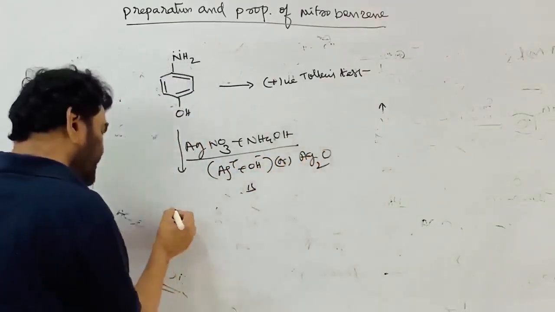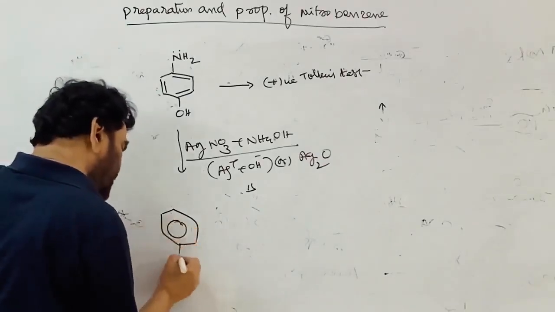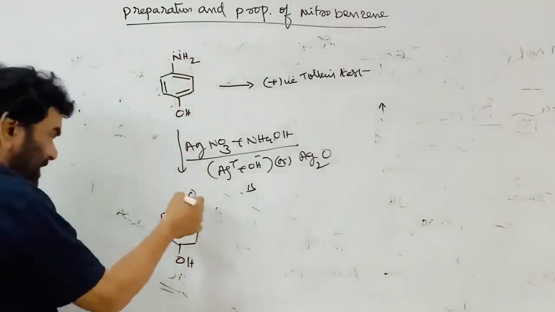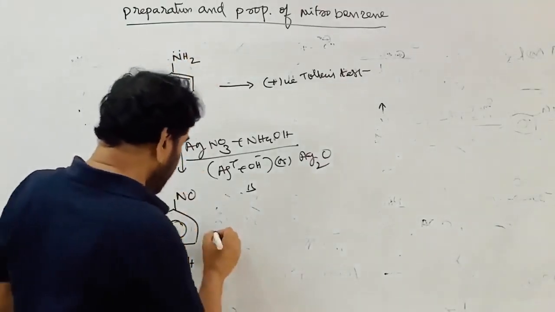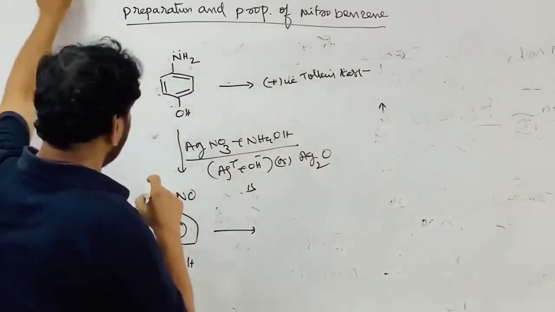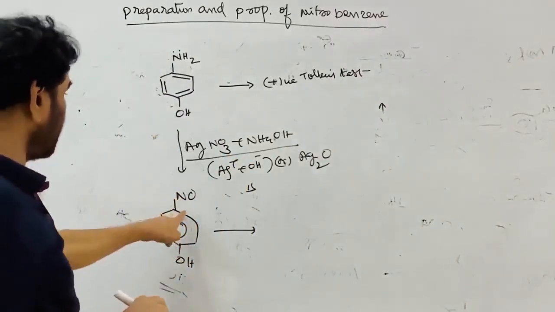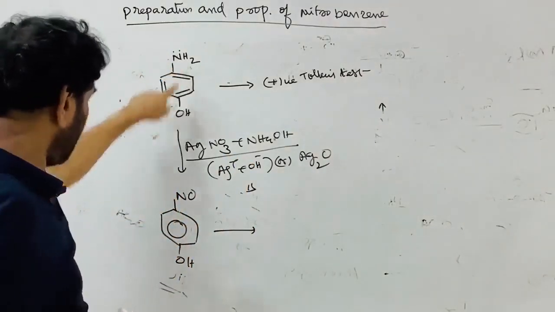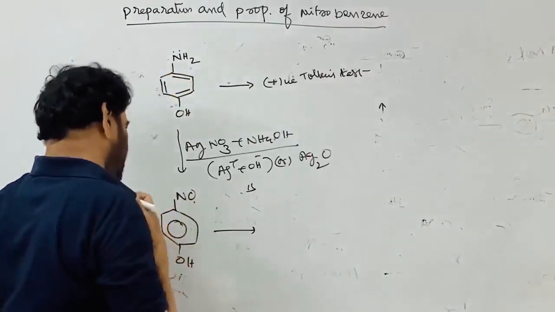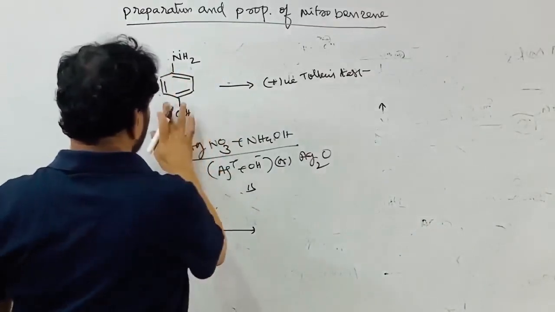or we can write it as Ag2O. On heating, this is converted, that is oxidation takes place. This is the phenolic OH. This is NO. The amino group is converted into the nitroso group. This is converted, not like this, phenyl hydroxylamine. This is converted into the nitroso, this one. Now, nitroso group, that is phenyl hydroxylamine.